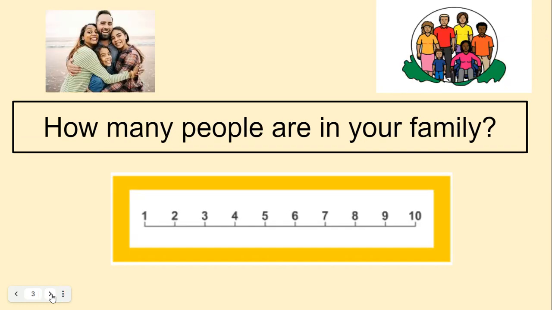I would modify that by adding an image of a family, a real image, in addition to and or a Boardmaker symbol of a family. I'd also add a number line so that students can understand that they're being asked to give a quantity. Students could point, circle, and or draw the members of their family and indicate the number.